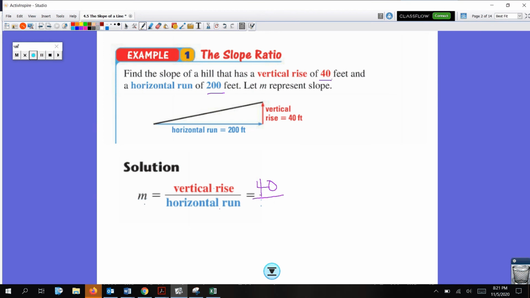Our horizontal run was 200 feet. And remember, we always want to reduce this. So you can just cancel out these zeros here. 4 over 20 becomes 1 over 5. So this slope right here, this slant right here, has a slope of 1/5.